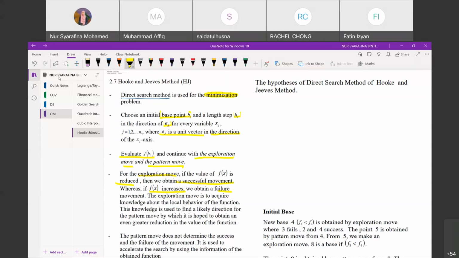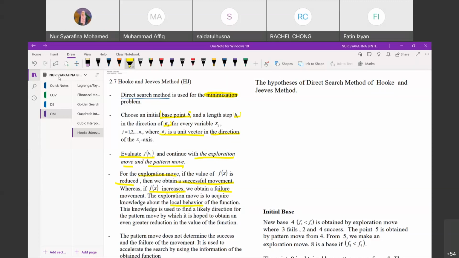The exploration move is to acquire knowledge about the local behavior. So we explore here in order to locate the local behavior of the function. We just want to move towards the minimizer, towards the minimum value. Is that clear?